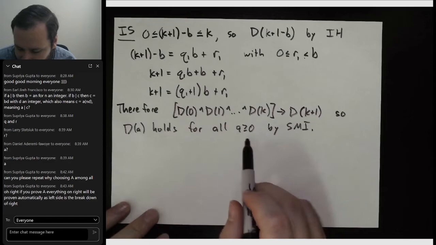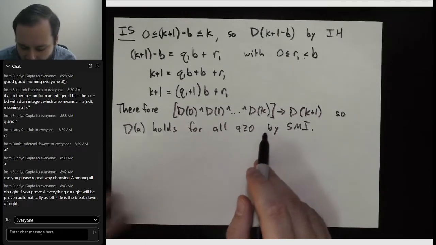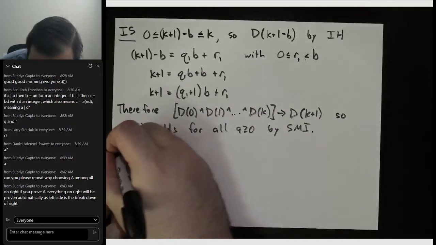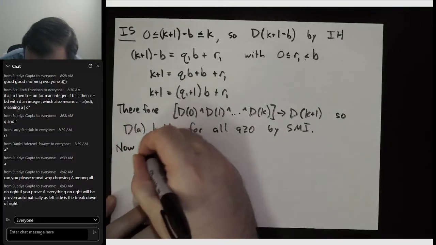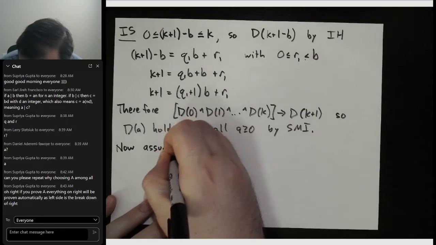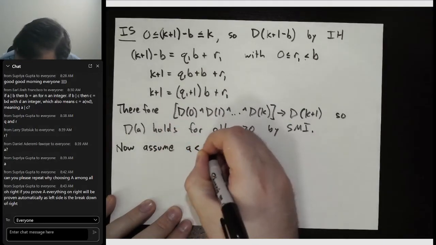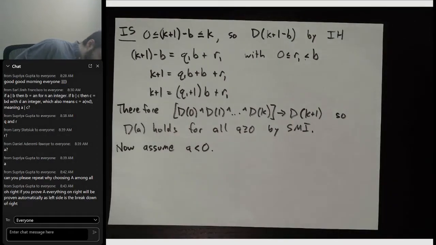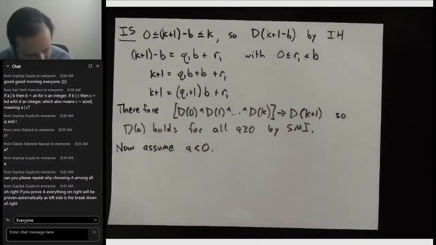So that handles the a greater than or equal to 0 case. I also need to handle a is less than 0. So now assume a is less than 0. I got to do a separate case.